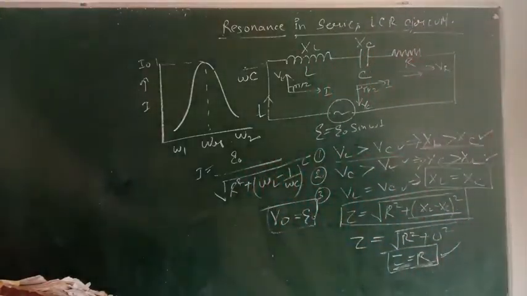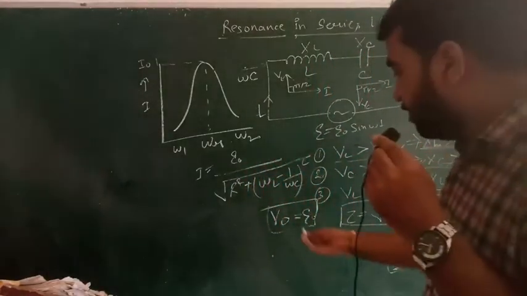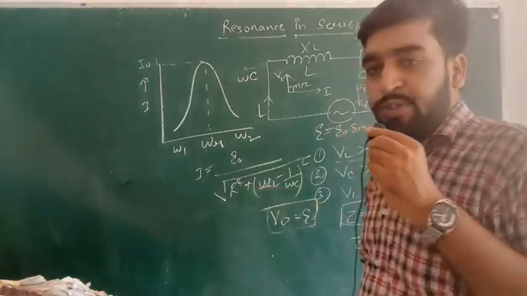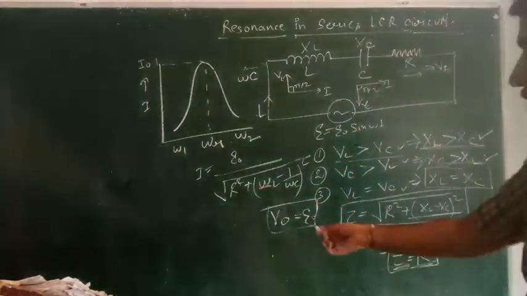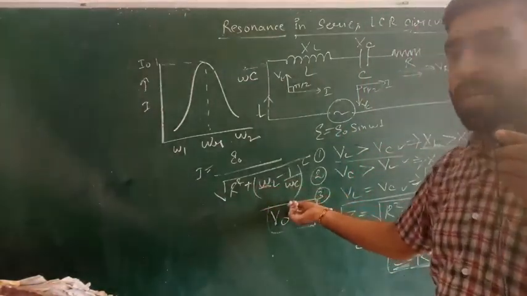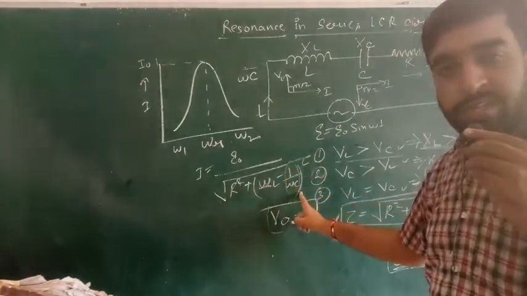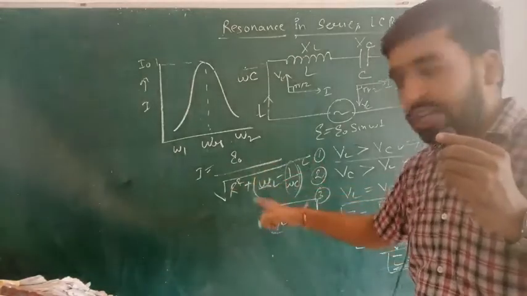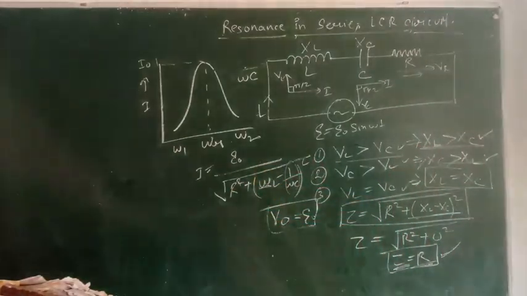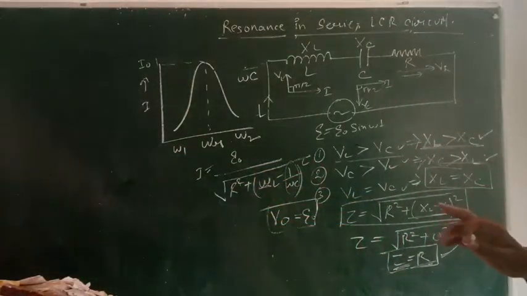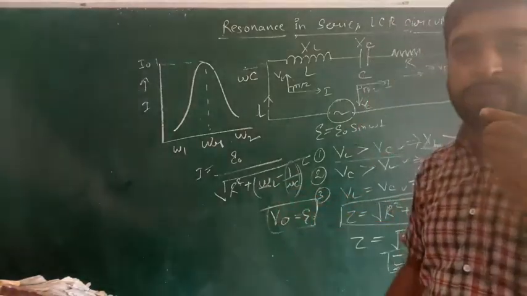Suppose omega is very small. Then 1 upon omega will ultimately be larger, so obviously this denominator will offer a very great value. If omega is small, the denominator will offer a very great value.